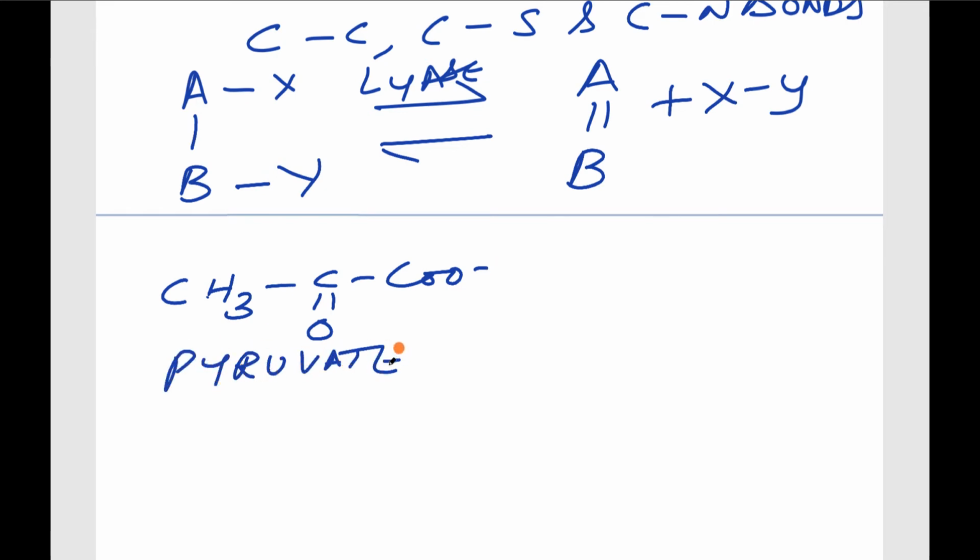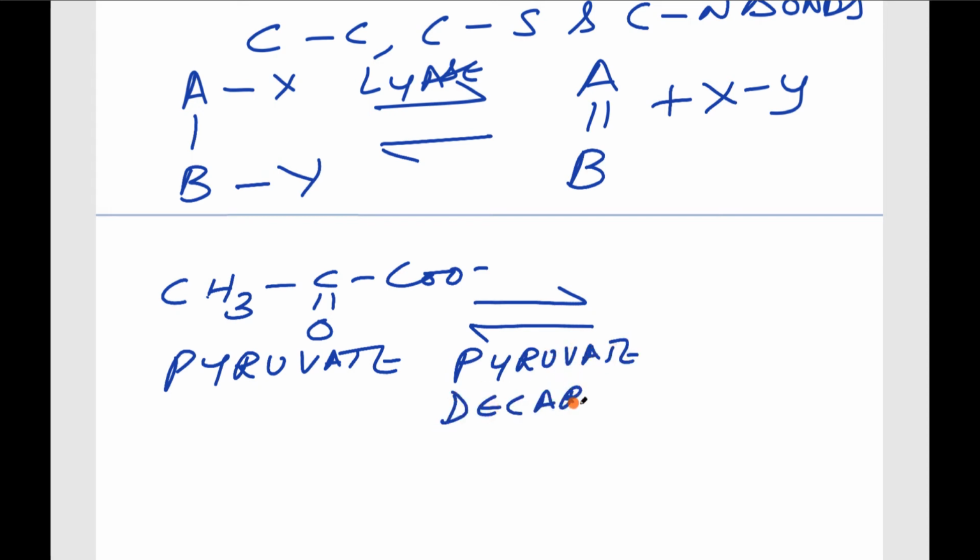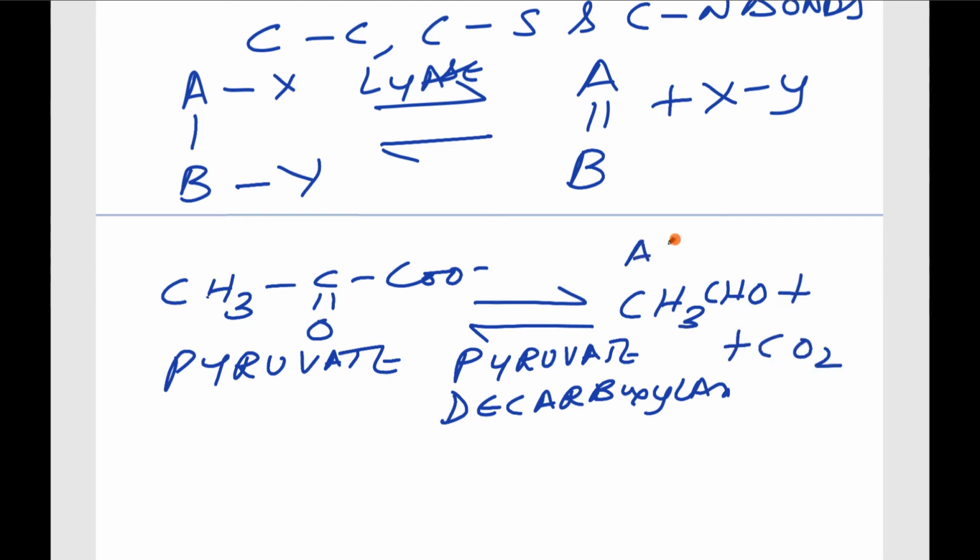Pyruvate, by the action of pyruvate decarboxylase, leads to formation of acetaldehyde plus carbon dioxide. This is acetaldehyde.